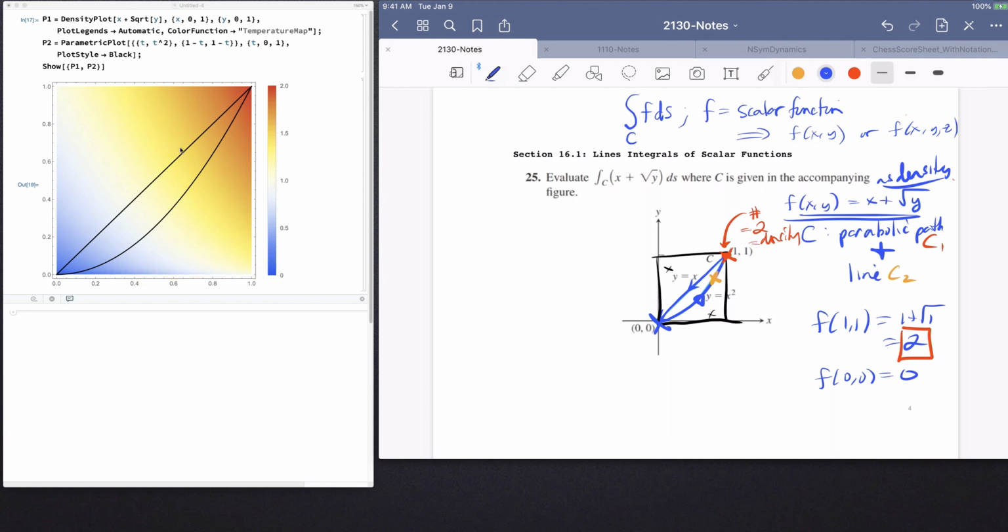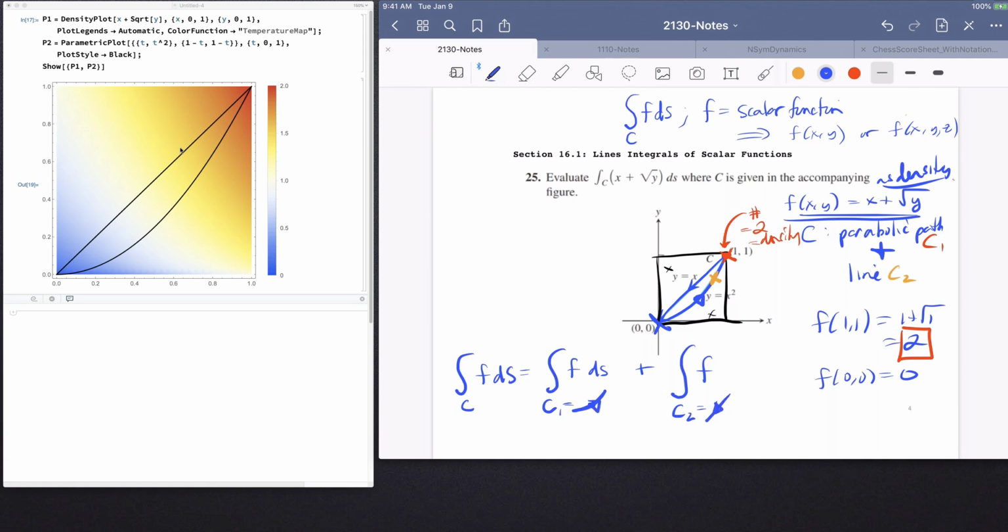So when we are computing these line integrals, when you do the line integral of this density function over the curve, you're going to compute the integral over the first part of the curve, the parabola path, of this function ds, and then add that to the line integral on the second part of the path, which is this straight line.